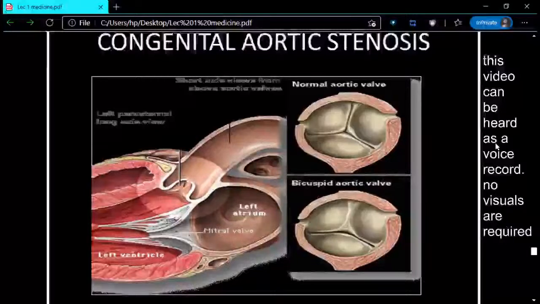Congenital problem, with the aortic stenosis or the valve of the aorta.